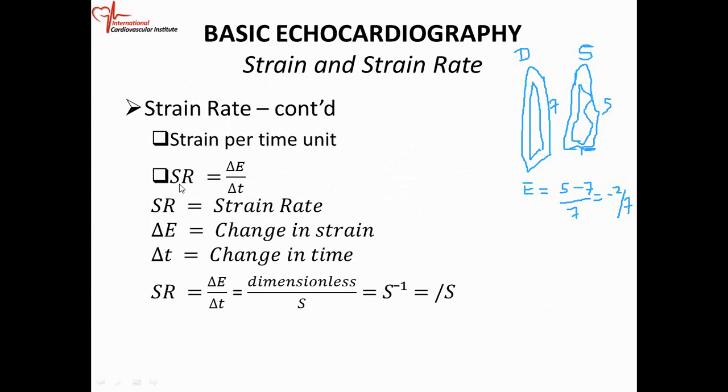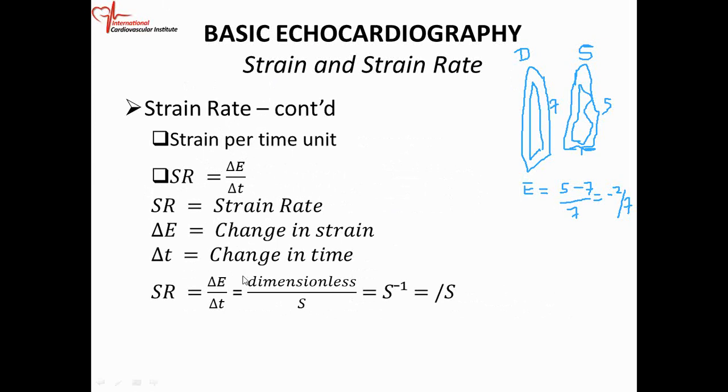So strain rate is just, you get your strain and you divide it by the time it takes for the muscle to shorten or lengthen. Okay, so again, strain rate is the change in strain with respect to the change in time.